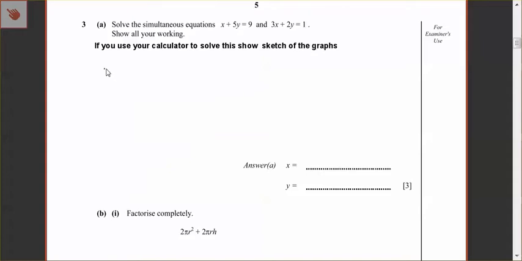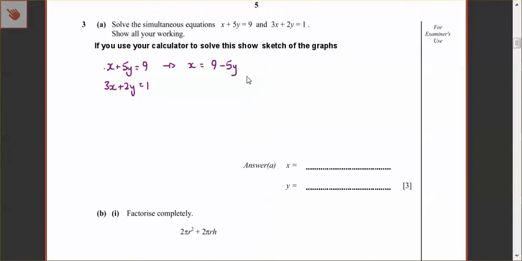So, what Callista did, we've got x plus 5y equals 9, and we've got 3x plus 2y equals 1. The substitution method is to rearrange this one and have it as x equals 9 minus 5y.